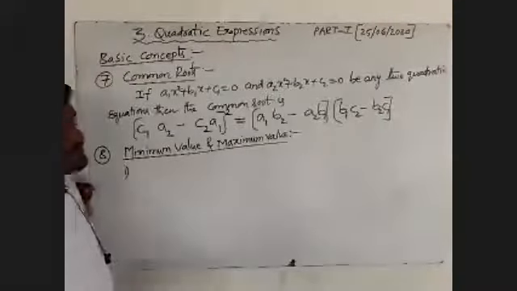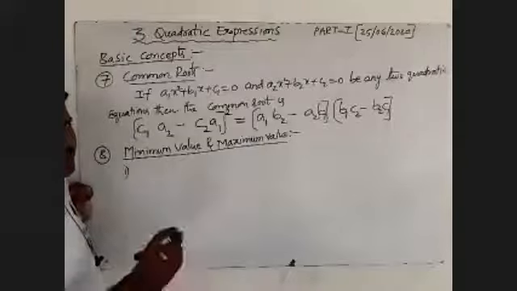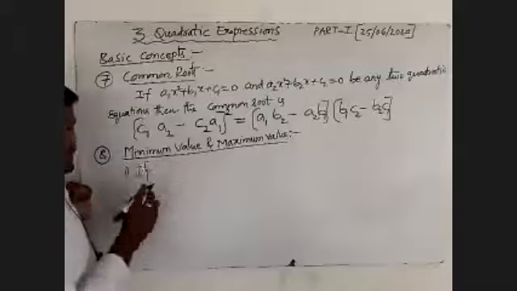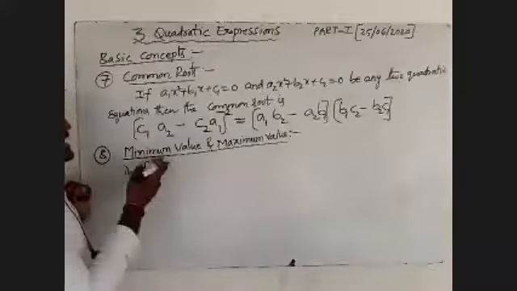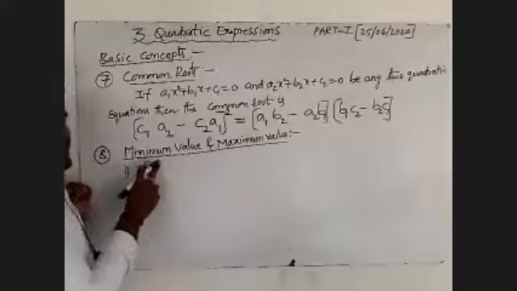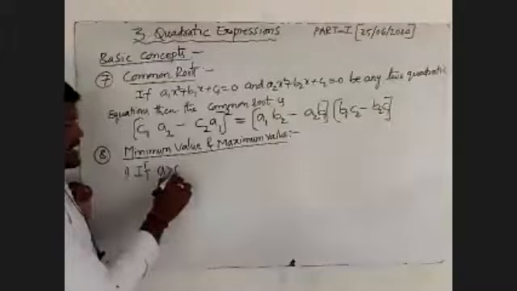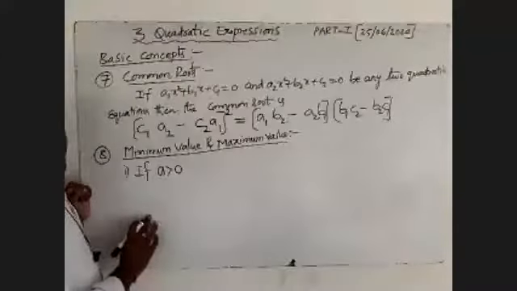If a quadratic expression is ax square plus bx plus c, where a less than 0 means it has a maximum value, and a greater than 0 means it has a minimum value.